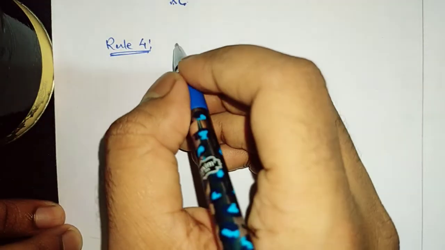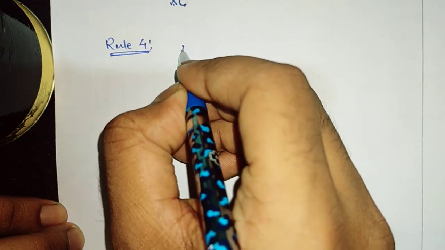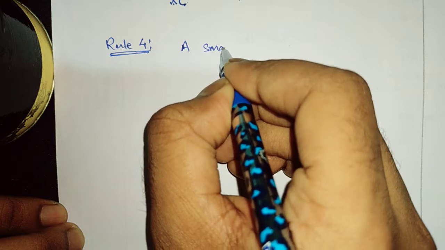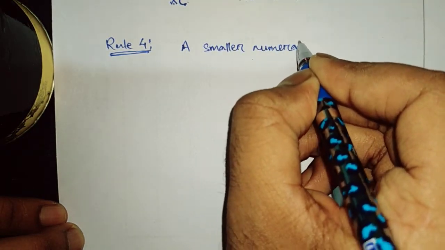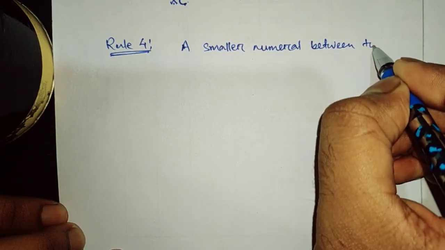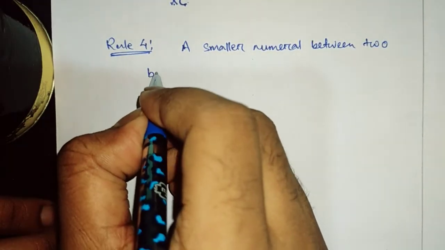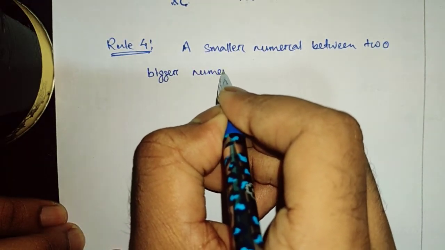Rule 4 is that a smaller numeral between two bigger numerals.